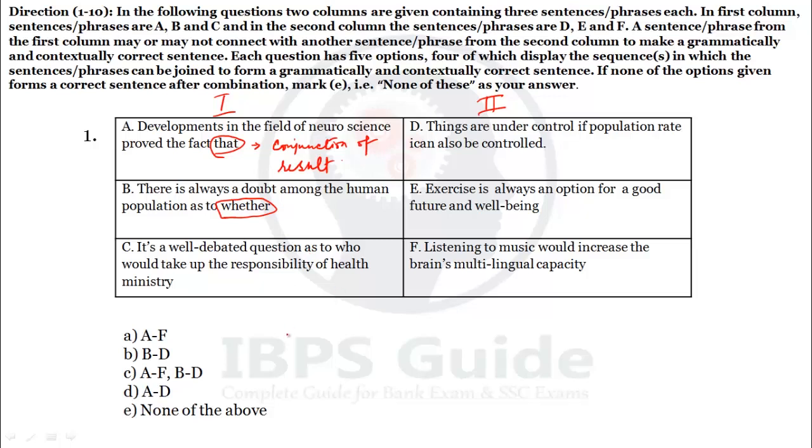Like that, if I write, he asked me whether I would go there, that is, he asked me whether I would go there or not. So basically we put whether for uncertainty.